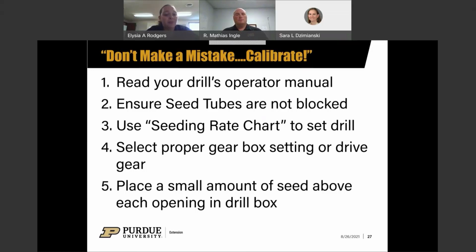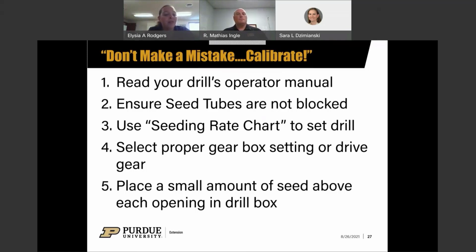And then again, select the proper gearbox setting or drive gear. So making sure, like we said, that you calibrate the seed meter to what the box says it should be to start with, instead of just starting at the lowest setting and going to the highest. Start where the box suggests and go from there.